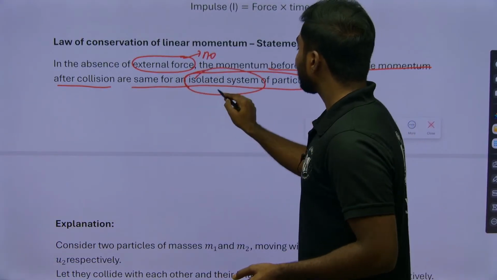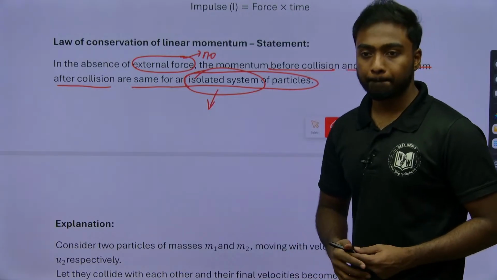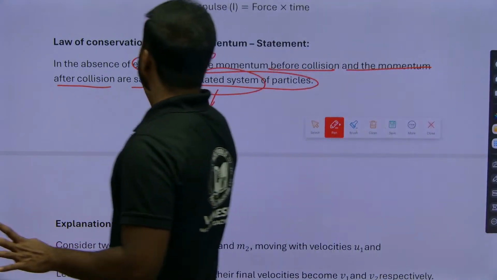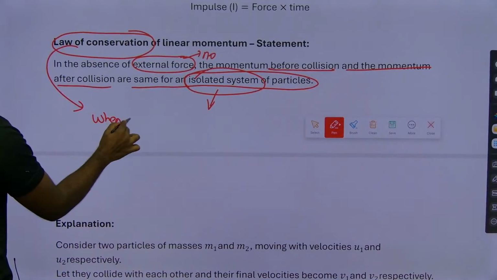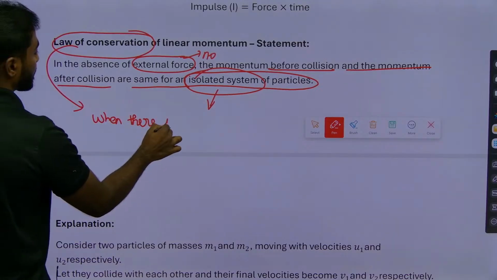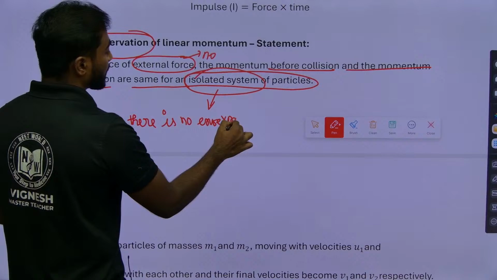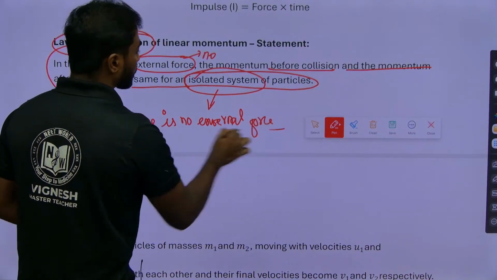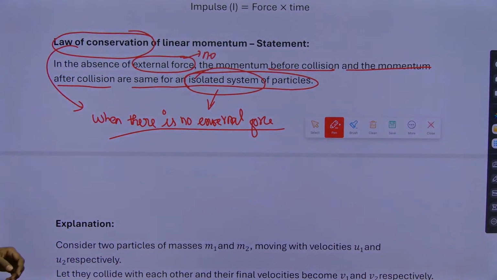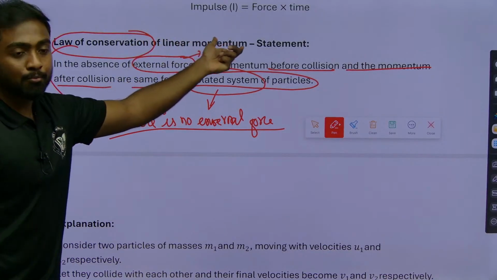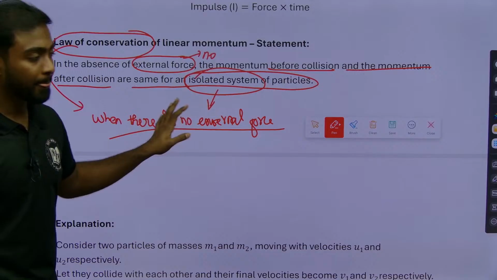Isolated means a closed system. So this is the law of conservation of momentum. When there is no external force, we can say the law of conservation of momentum has taken place.